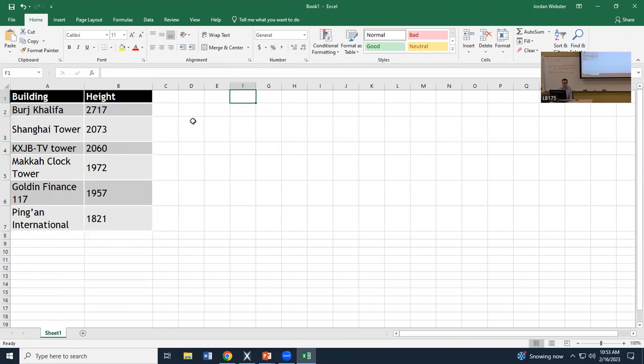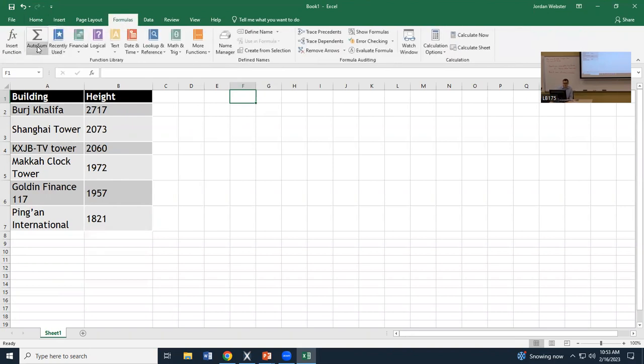I'm going to show you a few formulas. So if you go into formulas, auto sum, there's your average. Notice that if I click on equals average in the block that I'm dealing with, it just says equals average, and then parentheses. So I need to tell it what average to take.